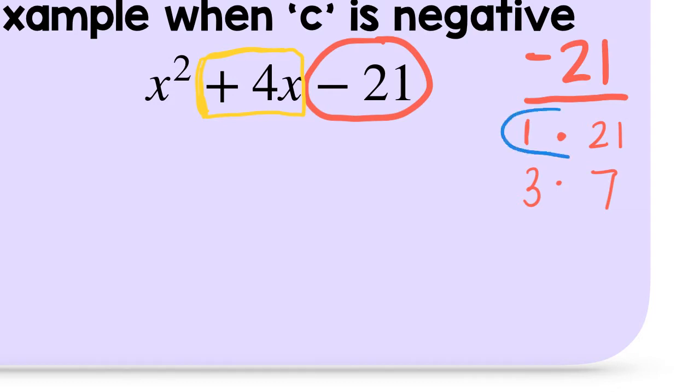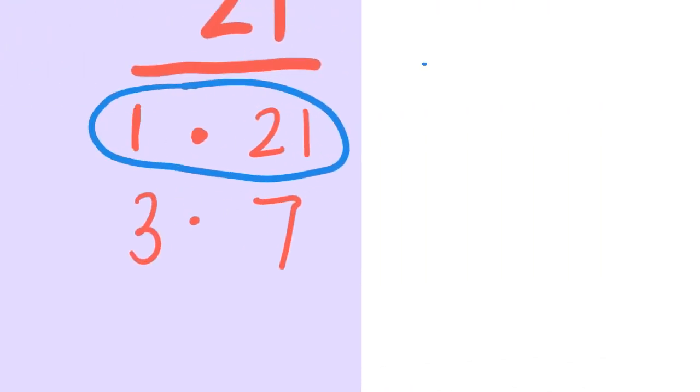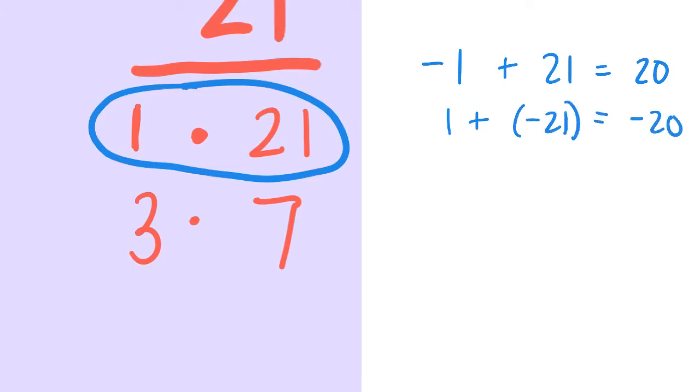Now, if you think about the first pair of factors, that's not going to work either way, because if you had the 1 as a negative, well, negative 1 plus 21 is 20. And if you did it the other way around, so 1 plus negative 21, well, that's negative 20. So that's not going to work. We want it to add up to 4.